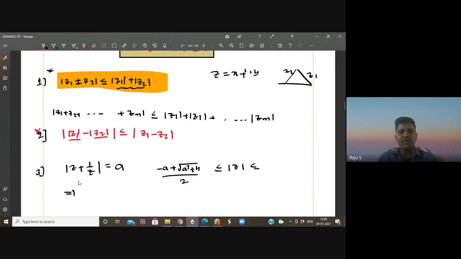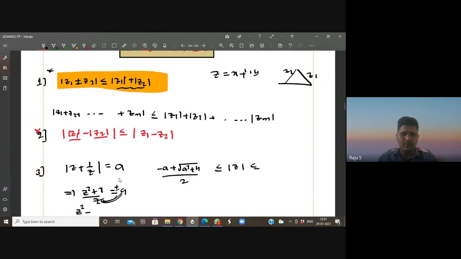When we take LCM, z square plus 1 by z is equal to a. When we cross multiply and simplify, and remove the modulus, we get plus or minus a.